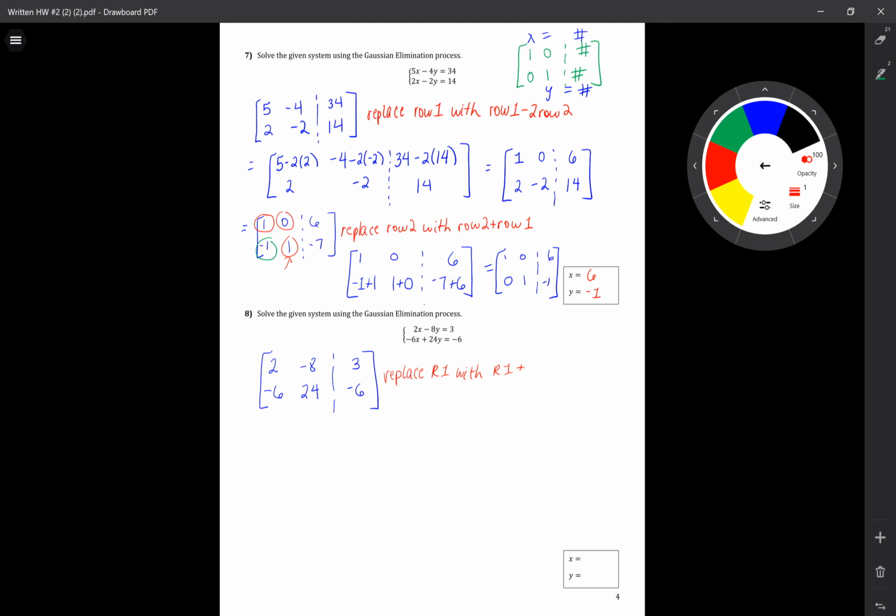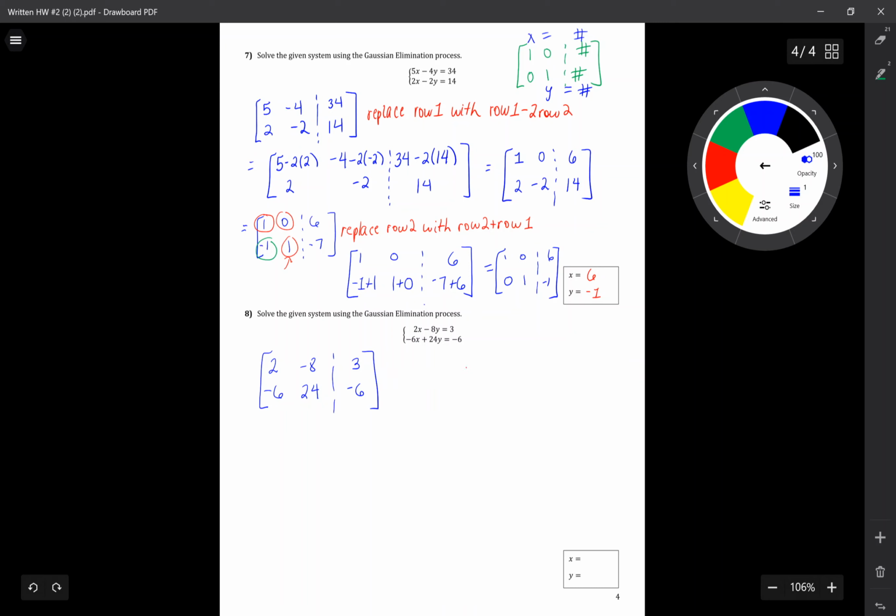Because if I add a third of the second row, I will be adding a -2, right? If I add 1/3 times -6, that's -2. Oh wait, I don't want to do that, do I? Well, sorry, we don't want a 0 there yet, do we? So maybe I will just divide this row by 2. We'll end up with a 3/2, but that's not so bad.